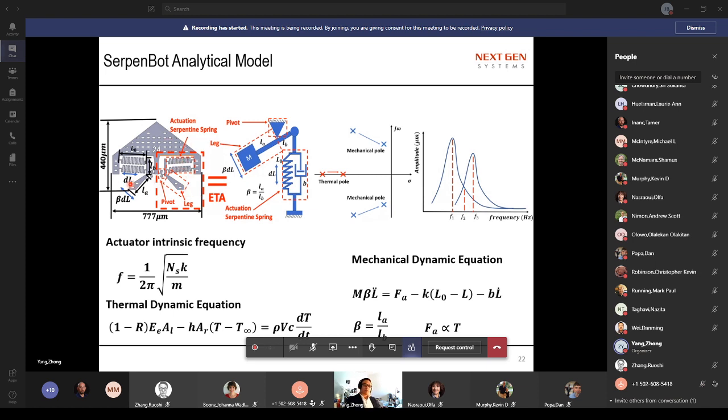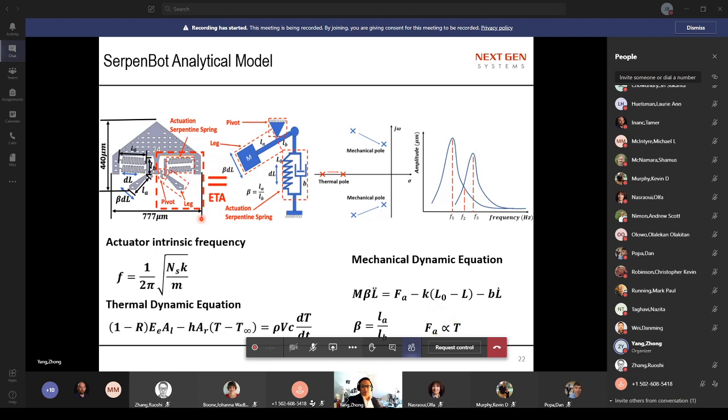Because this robot has two different spring constants, it will have two different intrinsic frequencies on those structures. Like I discussed for the SharpBot, this microrobot can also be modeled in a similar way. You have first order differential equations about the temperature, and also a spring damper model.